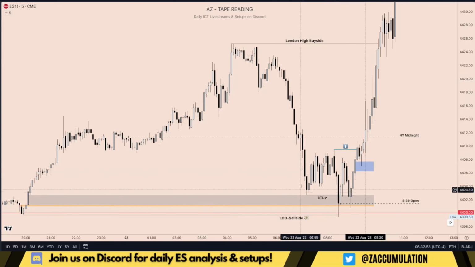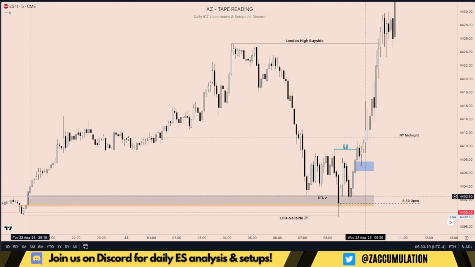So what did we do? We are in bearish market structure. We form lower lows and lower highs, and then lower low, lower high. We clear that low of day sell side, bounce off that 4400 level, and immediately we start to reject. We start to pump up, come back one more time.